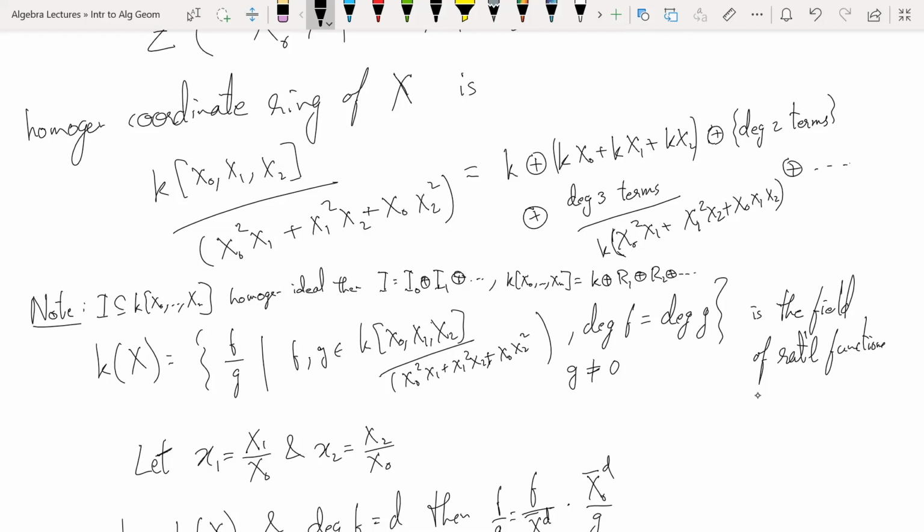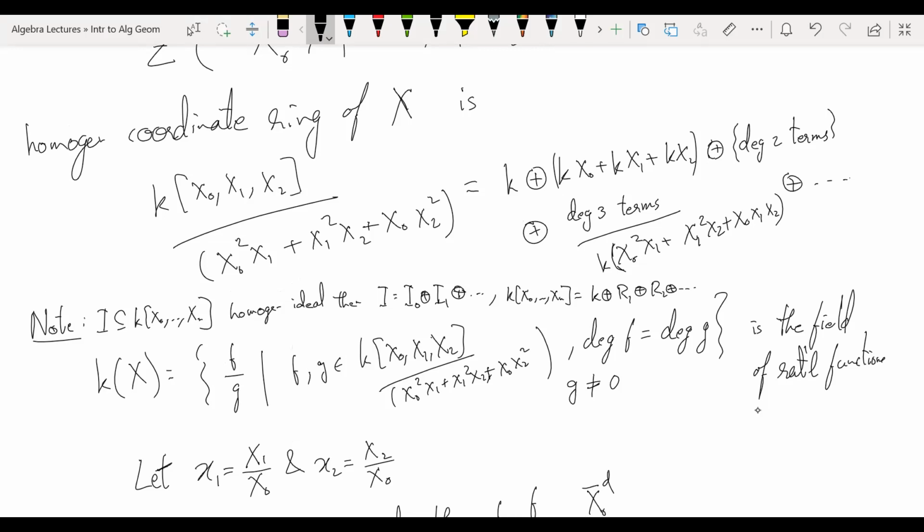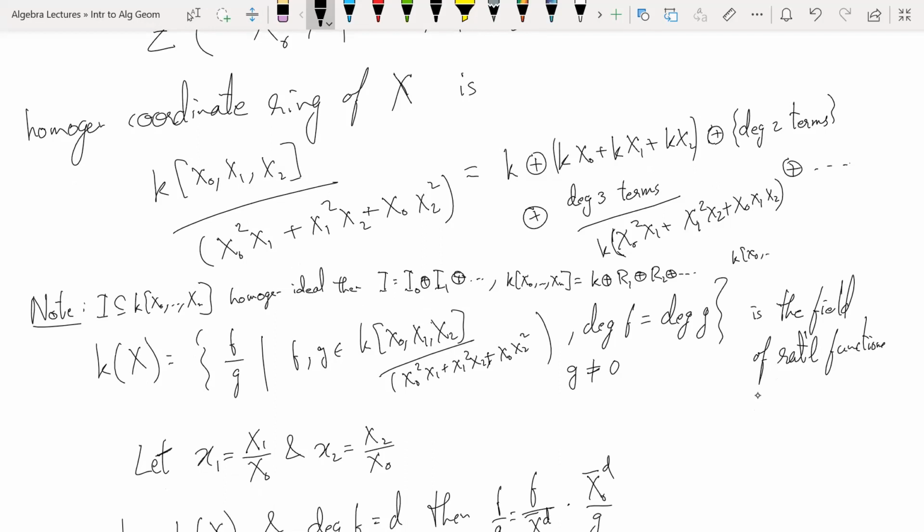Then this ring k[x_0, ..., x_n] mod I is, as we know, k mod I_0 plus R_1 mod I_1 and so on, in general R_d mod I_d. So this is how it will look.